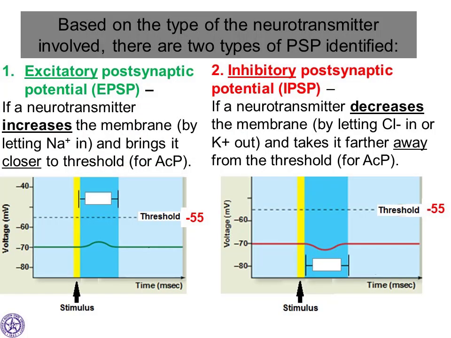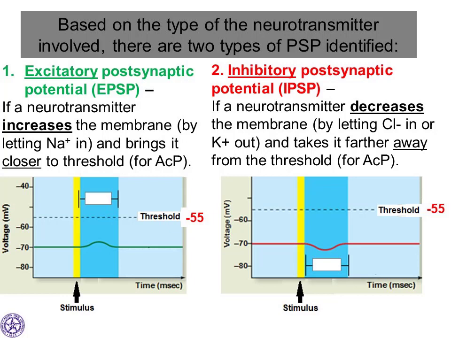Now, our two types of postsynaptic potentials. We said it could either be positive or negative. You can figure out by the name which is which already, right? If you're at minus 70, and what is minus 70 in a neuron? Resting membrane potential. You've got to get up to the threshold for an action potential. And what is that number? Negative 55.